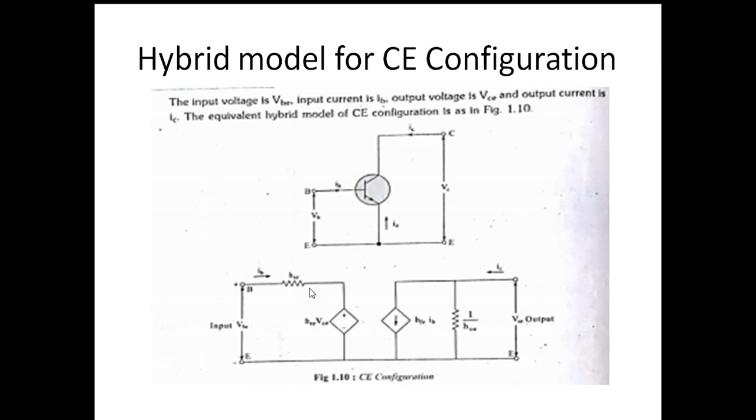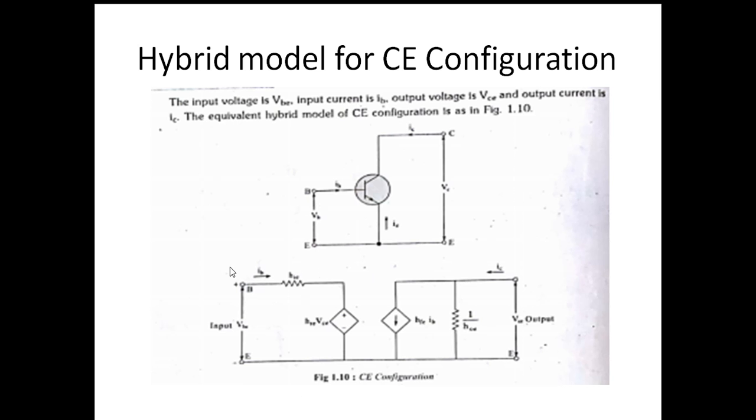The voltage drop across this HIE is HIE IB. Next, another voltage, that is HRE VCE. It is a voltage source, where HRE is the reverse voltage gain and VCE is the output voltage. This output voltage is measured across the output terminals, collector and emitter.